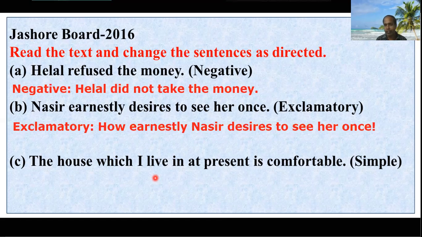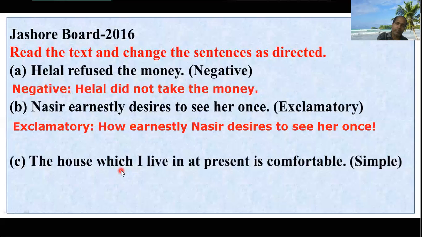Firstly, you have to identify whether the sentence is complex or compound. My dear students, notice carefully. In this sentence, there is a conjunction, which, and this is a conjunction of complex.